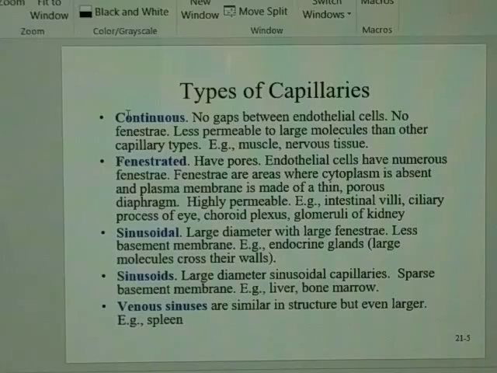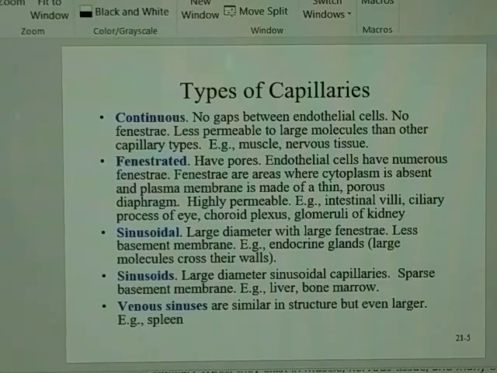When we have a continuous capillary, there are no gaps, they're not permeable to large molecules, and we're going to find that these are very numerous in areas such as the muscle, nervous tissue, and other locations throughout the body.